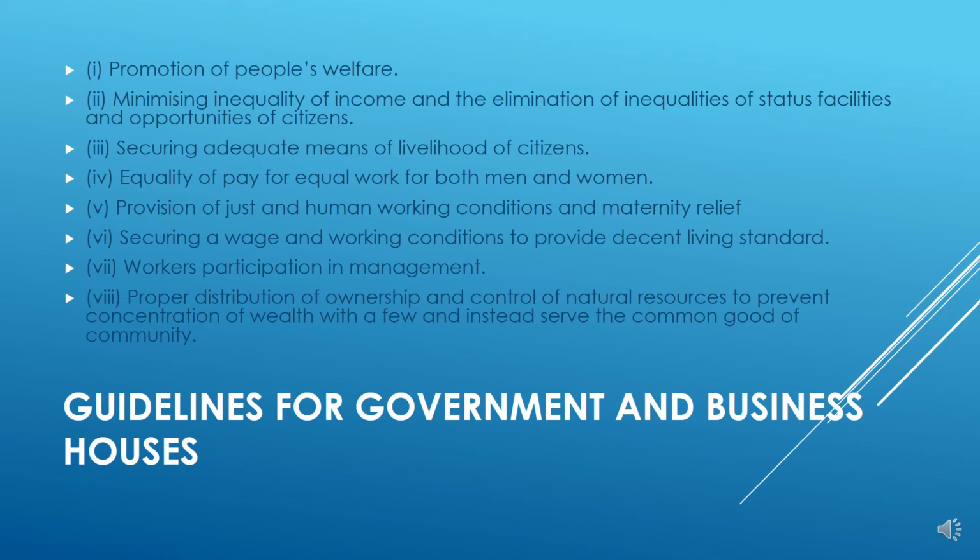Securing adequate means of livelihood of citizens, equality of pay for equal work for both men and women, provision of just and humane working conditions and maternity relief as well, securing a wage and working conditions to provide decent living standards, the workers' participation in management, proper distribution of ownership and control of natural resources to prevent concentration of wealth with a few and instead serve the common good of the community.